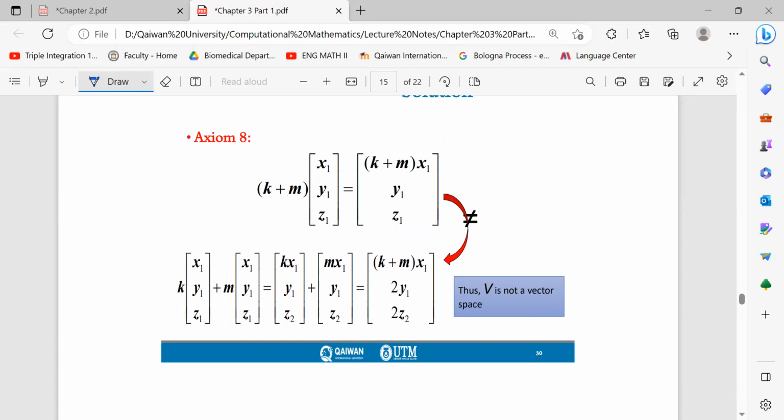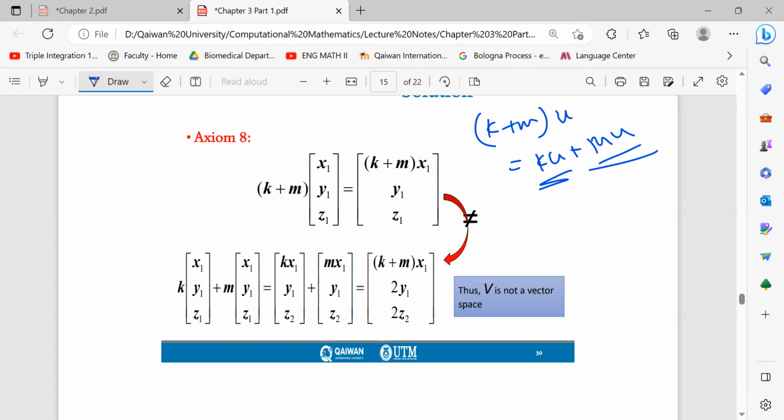We just multiplied by the top element. That's it. But we must show that (k plus m) times u must equal ku plus mu. These two must be equal.